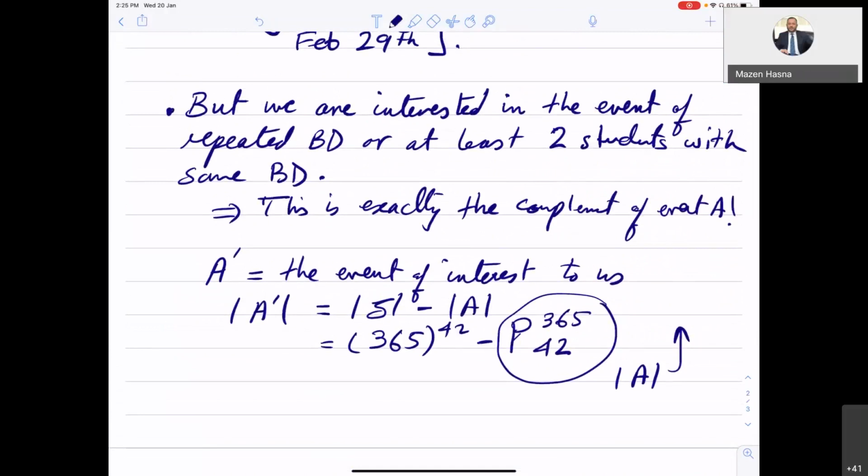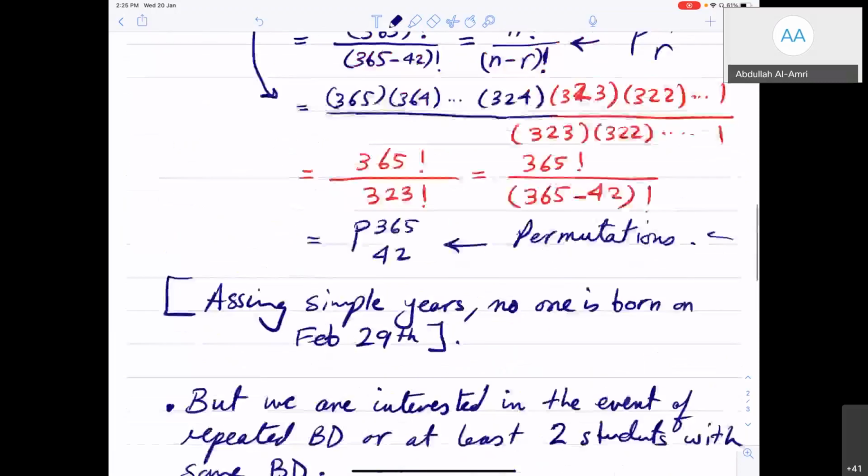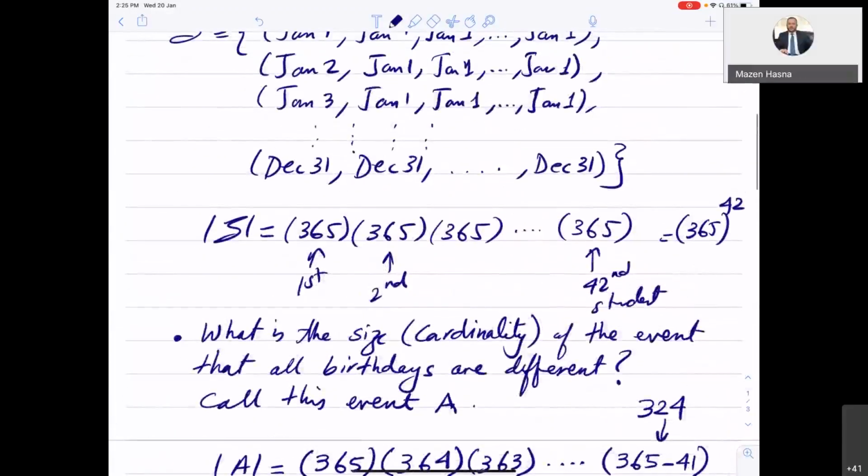And in this, the last part, what are we trying to find? So the first step was, let's go back again. The first step, we found the size of the whole sample space, all events.